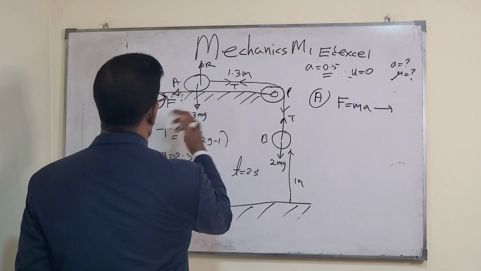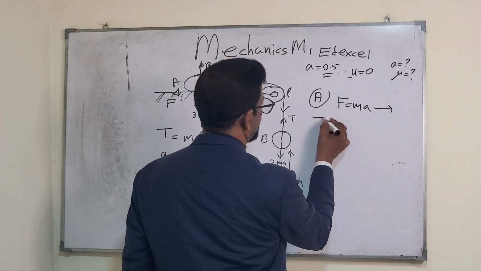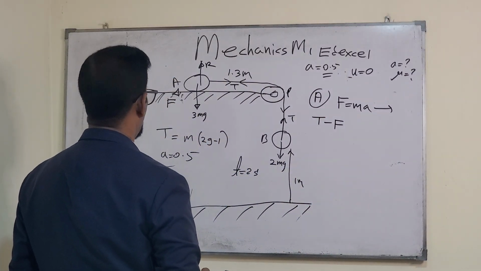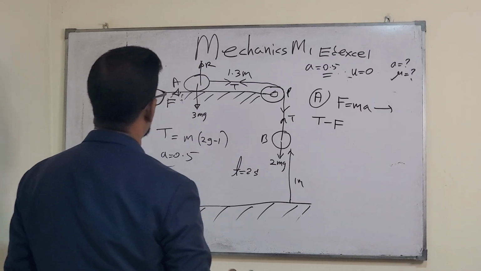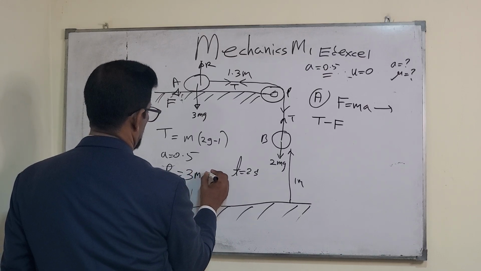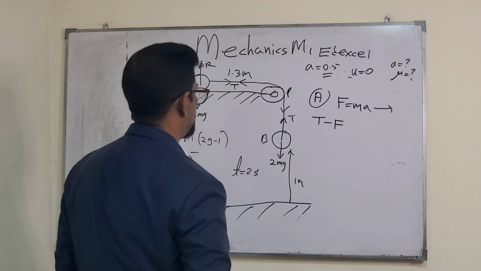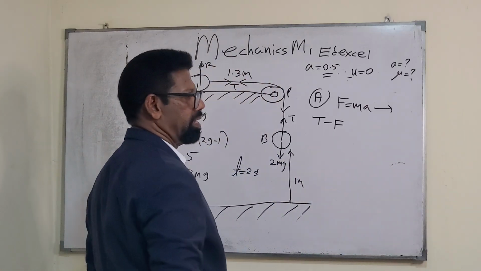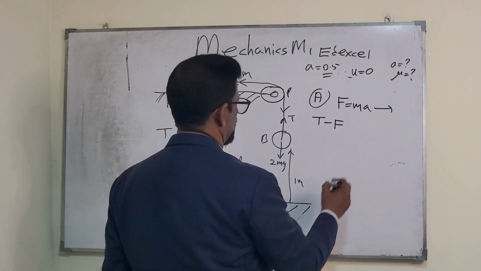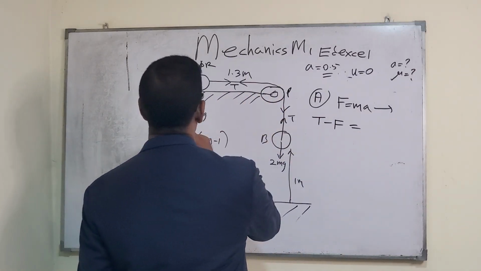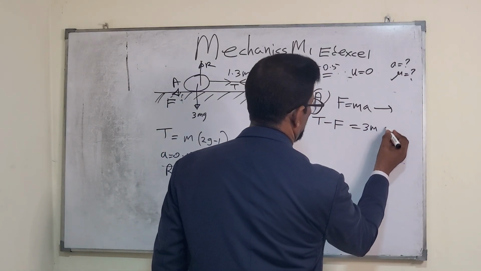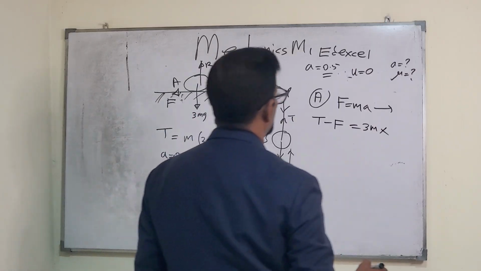T only, T minus F. We already did the normal reaction, R equals 3mg. Then F equals ma: T minus F equals the mass 3m times the acceleration 0.5.